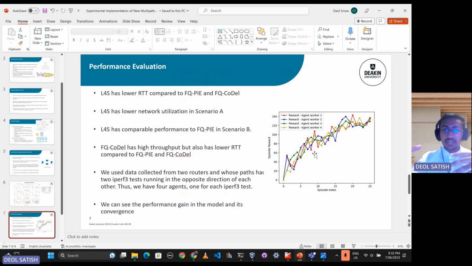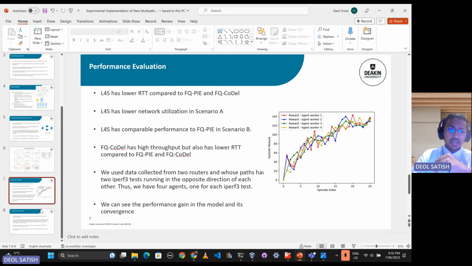So we have a total of four streams, four workers and four data files, and we are feeding them into the A3C model. And this is our reward graph. What this reward graph basically says is our model is working properly, and we can see that the model is converging, and it does improve the performance of L4S. And this is what we basically want.